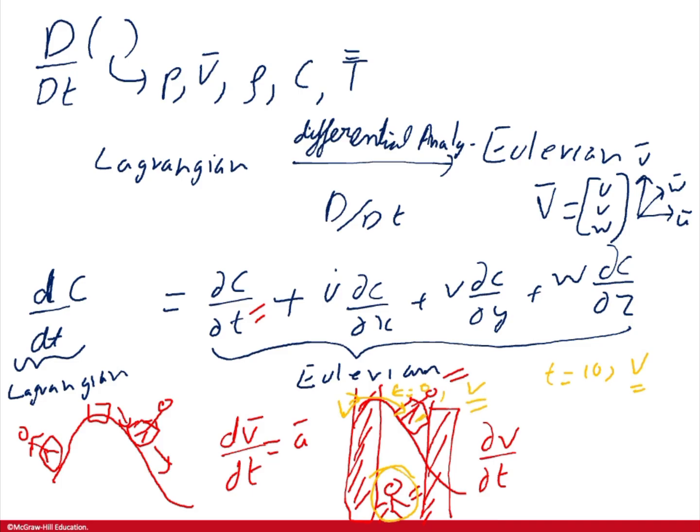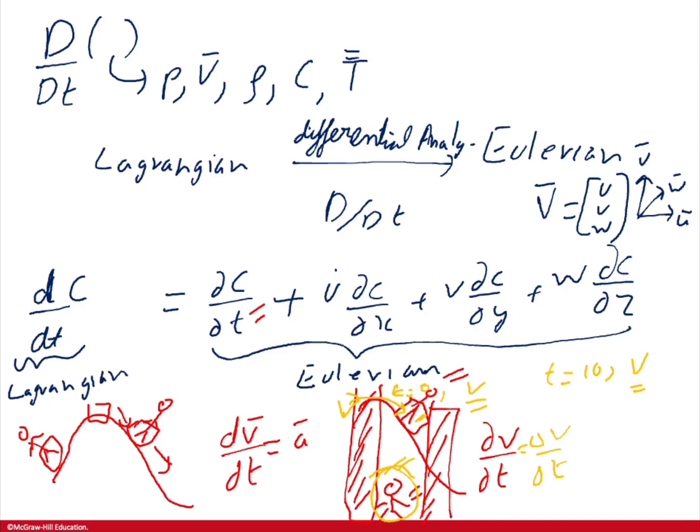So if he's looking at the same location, dv/dt is nothing but the change in velocity with change in time. He's looking at different carts that are at the same location at different times.